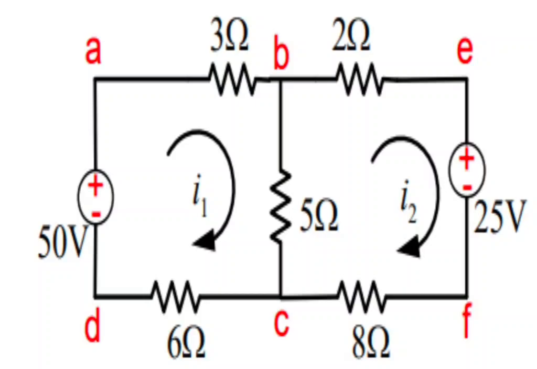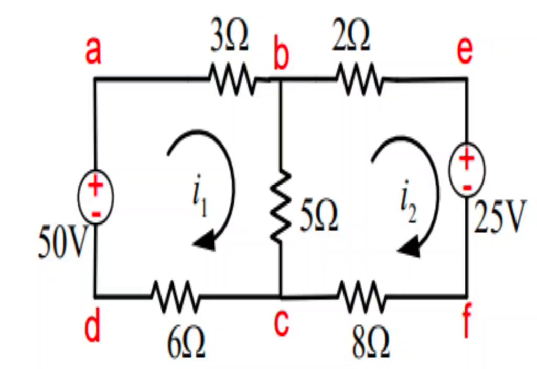For I2 the direction is also not given, so draw it clockwise. In the first mesh you have a voltage source and 3 resistors. In the second mesh you have a voltage source and 3 resistors. Now apply KVL.